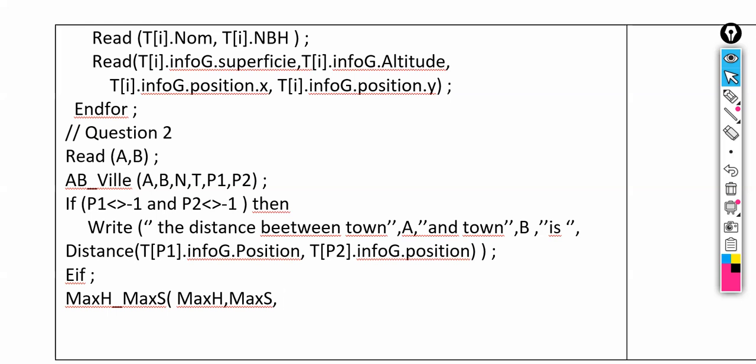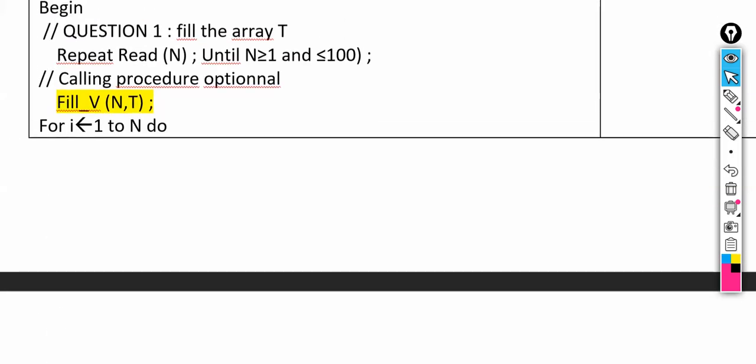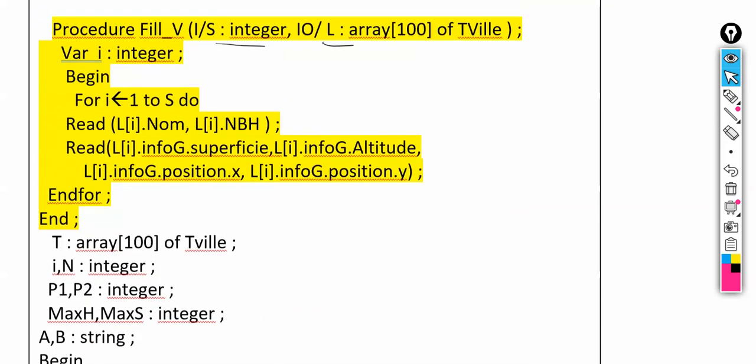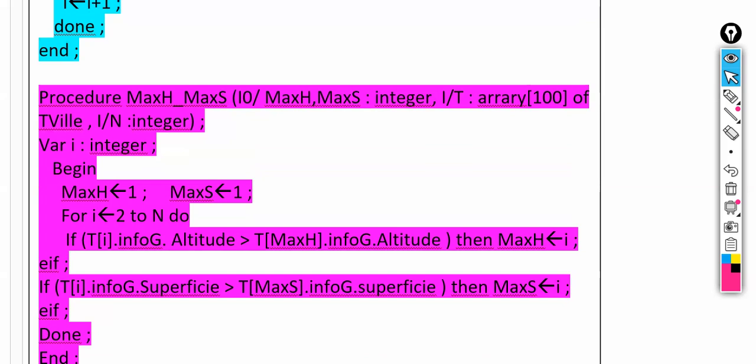What's the third parameter? Have you caught it? Look at here. The first parameter is max H. Second parameter is max S. Third parameter is the array. And the fourth parameter is the size.